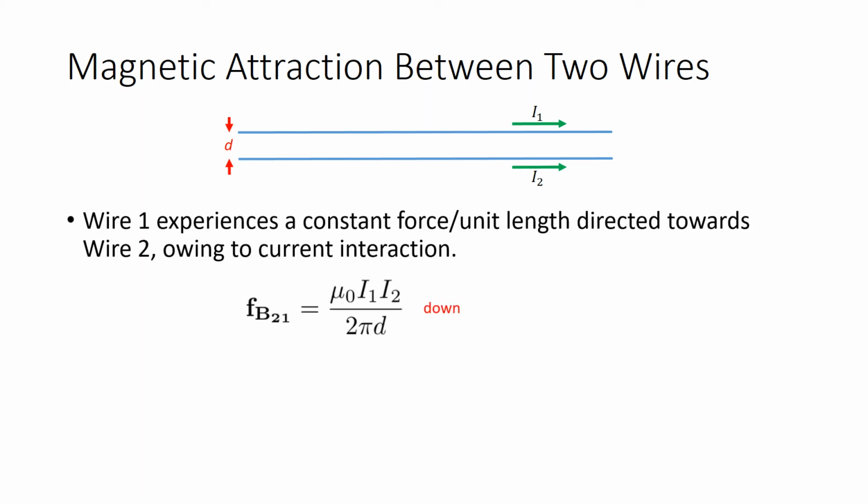We can carry out a very similar computation to find the magnetic force per unit length due to the magnetic field B1 acting on wire 2. It has the same magnitude, but is in the upward direction. What this means is that wire 2 experiences an upward force. FB12 and FB21 are equal in magnitude and opposite in direction, and they are both proportional to I1 and I2.